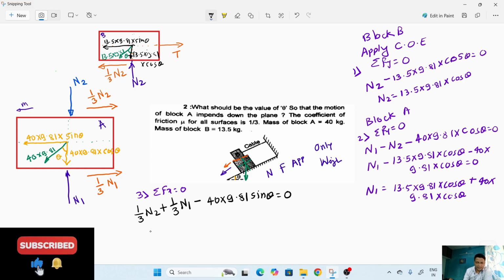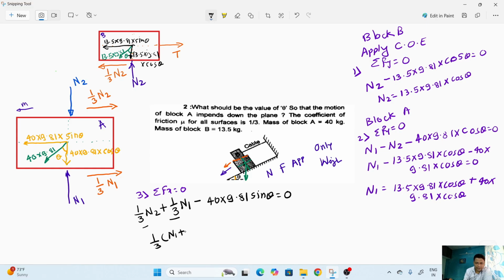So by rearranging this equation, taking 1 by 3 common, 1 by 3 into N1 plus N2 is equal to 40 into 9.81 into sine theta. This 1 by 3 goes here, so it gets multiplied. If you don't know how to find these equations, you can watch our video. I have made a dedicated video on this. So N1 plus N2 is equal to 3 into 40 into 9.81 into sine theta.